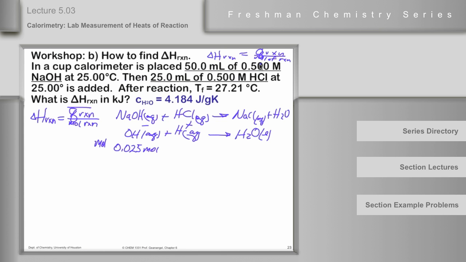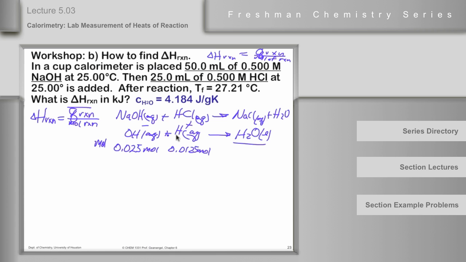How much water will be produced? It's a limiting reactant problem, isn't it? We have to figure out, since we're given amounts of these two, and it's not specified to be in the equimolar stoichiometry here, so we have to look at this and see which one of these will produce less water. And I think you can see it's H plus going to produce less water, and we don't even have to do any calculations.